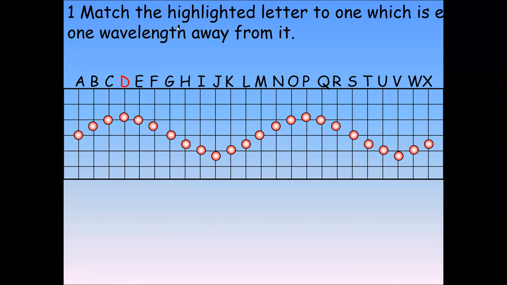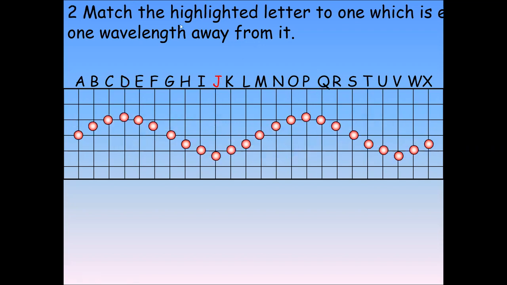When we work this out, we should read the same point. So this is D, and D matches with P. So actually point P is a wavelength apart from D.